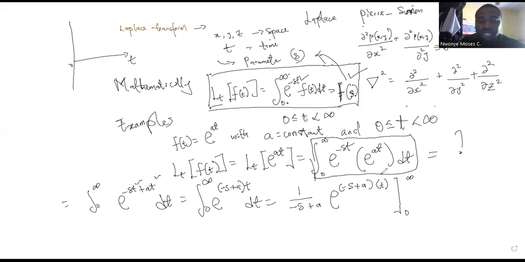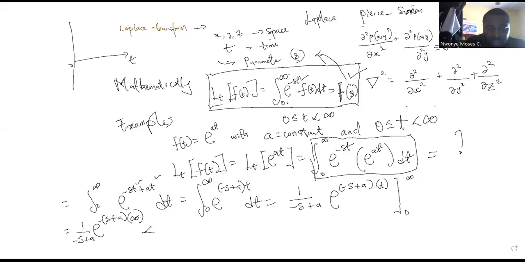So in fact, let me do it step by step. First of all, in the whole of this function, I'm going to put infinity. Let me write it out. So I have 1 upon minus s plus a, exponential minus s plus a. Then instead of t, I'm going to substitute infinity, right? I'm going to substitute infinity over here.